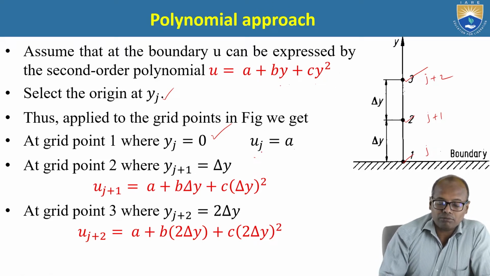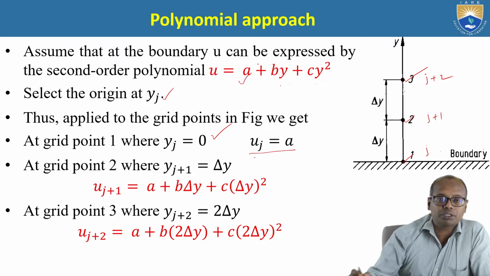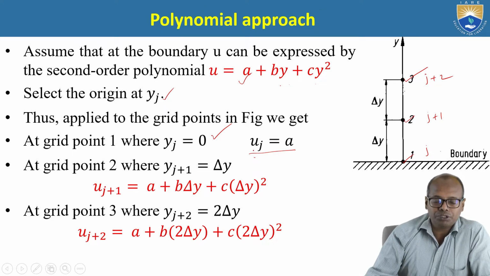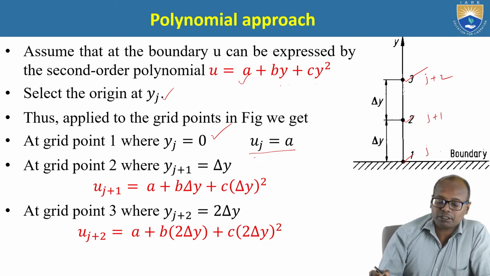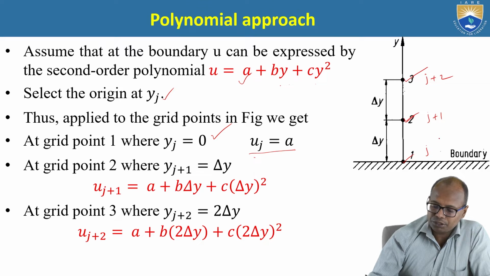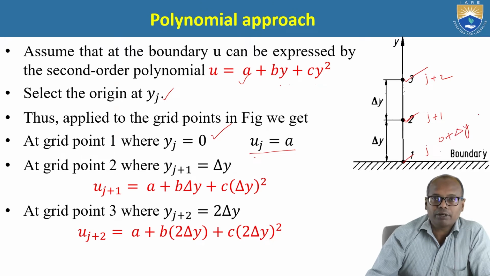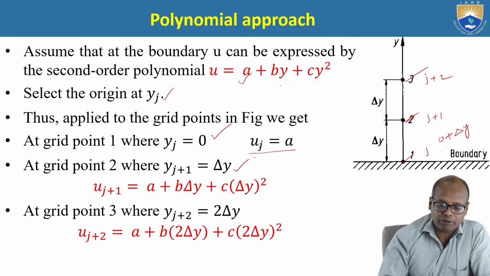In other words, from this we can find the value of the constant a. So the value of the constant a is uj. Now if I substitute the values at grid point 2, the value of y there is 0 plus delta y, since the distance from point 1 to point 2 is delta y. So y at point 2 is equal to delta y.